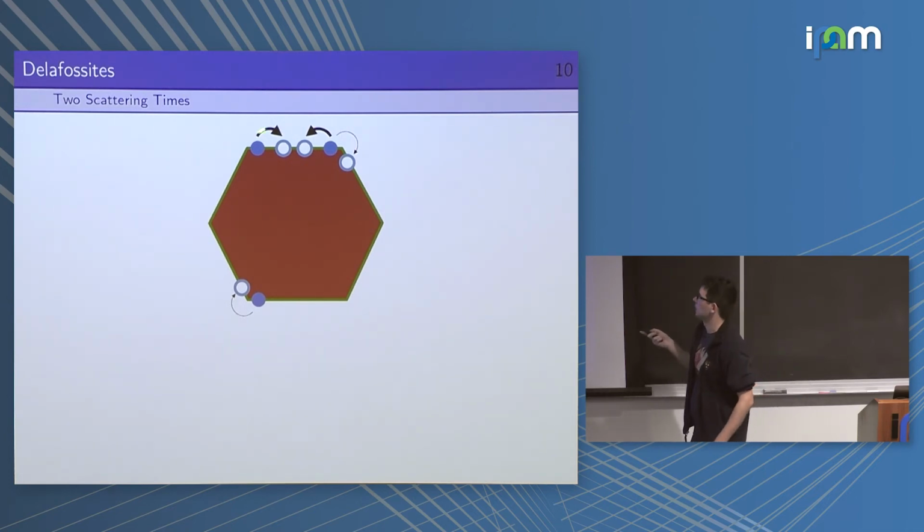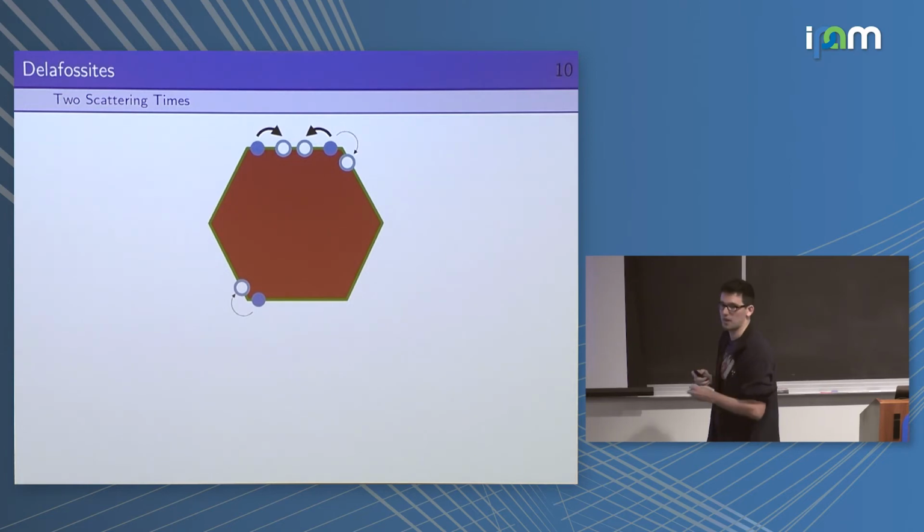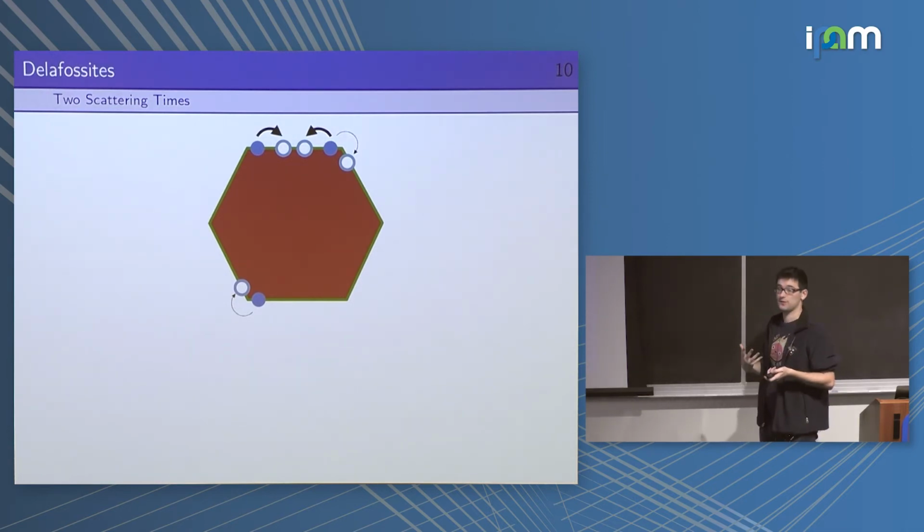If we're in this top right corner, one place that we could scatter is off of this other electron in the top left corner. And this is a nice scattering process because there are a lot of them. What's basically happening is that we can take this electron and just slide it anywhere we want along the top branch of the Fermi surface. There's a huge phase space for these collisions.